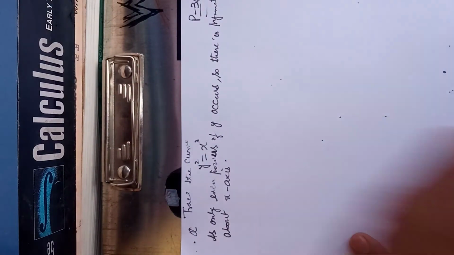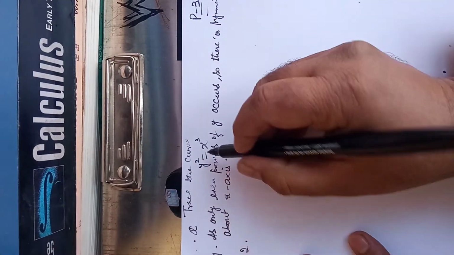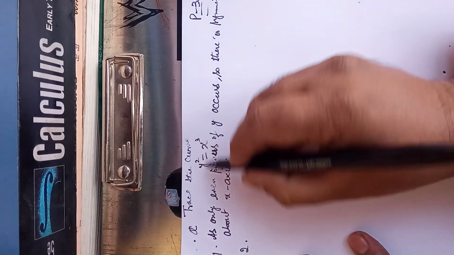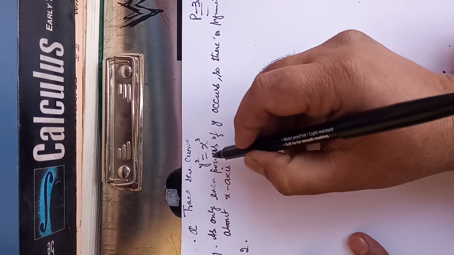Fine, this is 1, 2. When x is 0, y is 0, so the point (0, 0) is passed through and this curve passes through the origin.